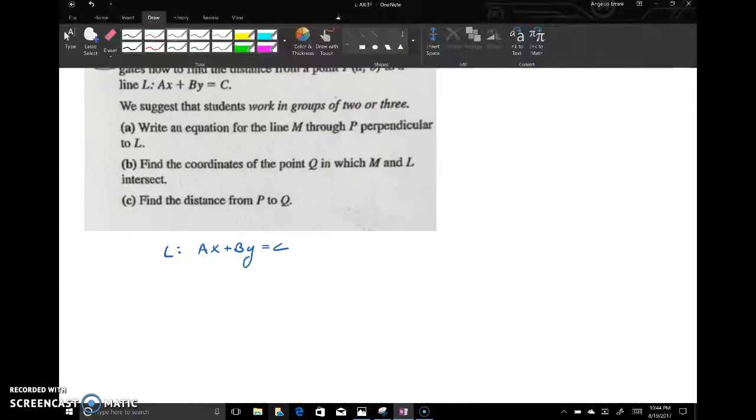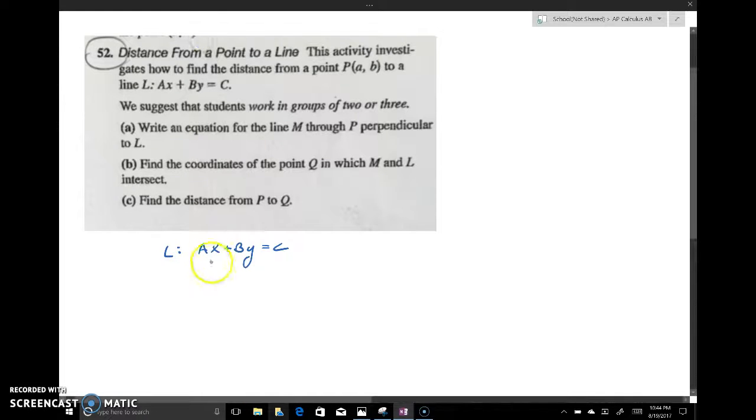And my first suggestion to you is that you're probably going to want to convert that into slope-intercept form, so y equals mx plus b, that form, which basically just means solve for y.